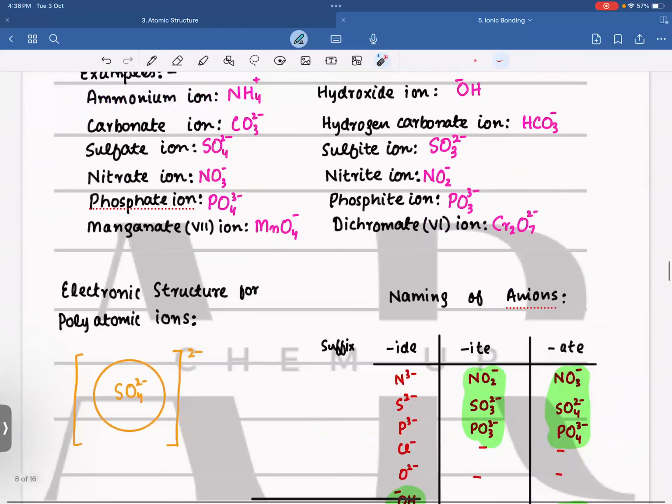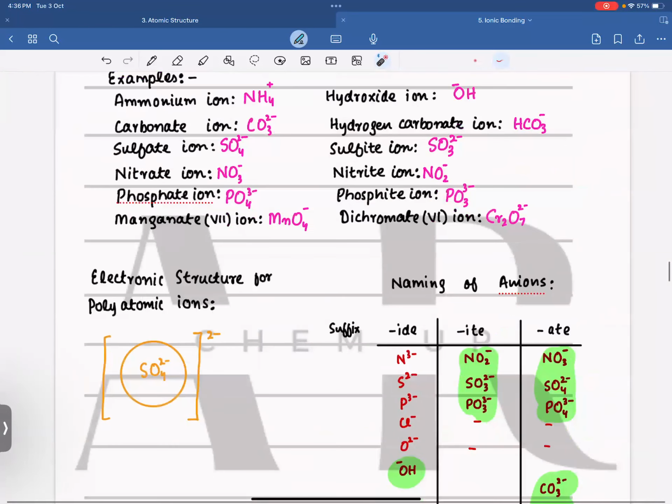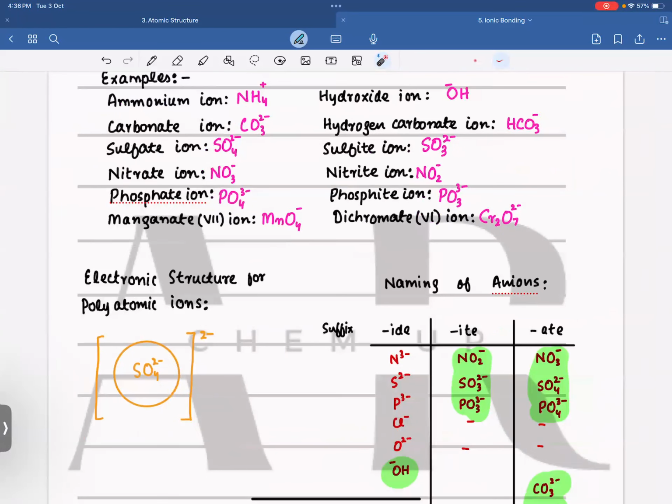It is going to be the same as for the cations having an atomic number greater than 20. We will draw it like this. So here I made this table. Is everybody completed till here?